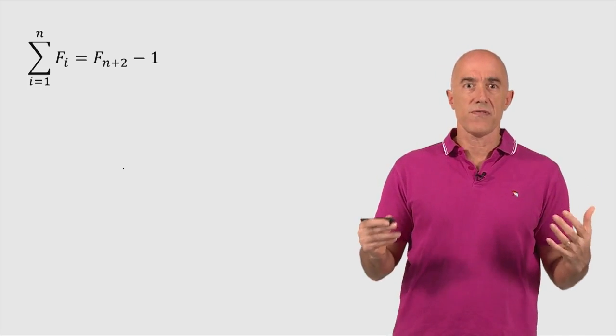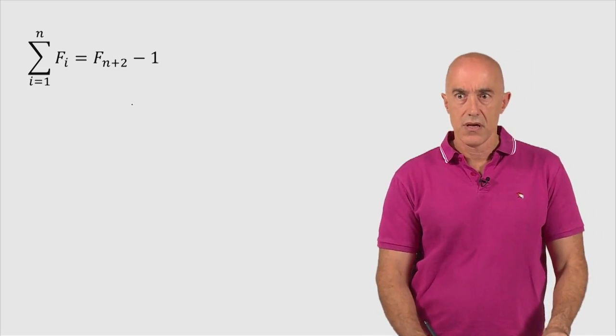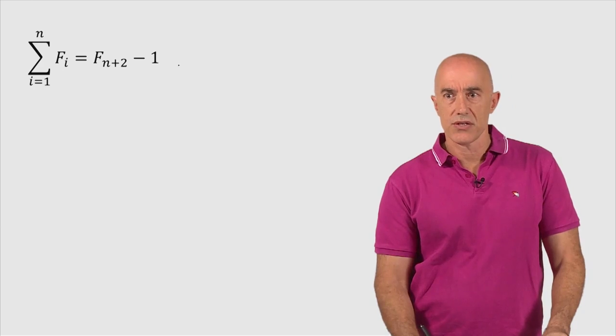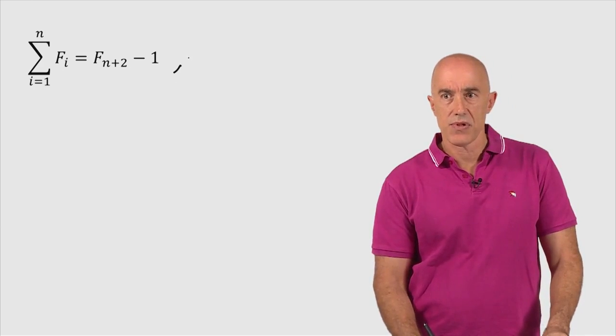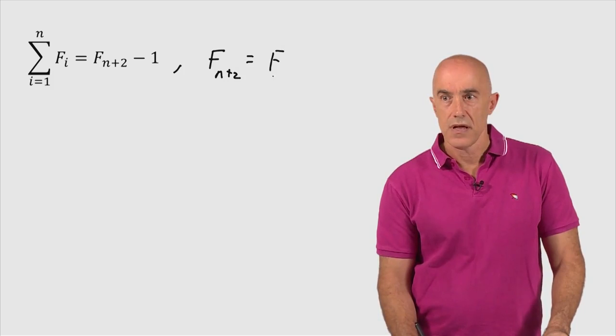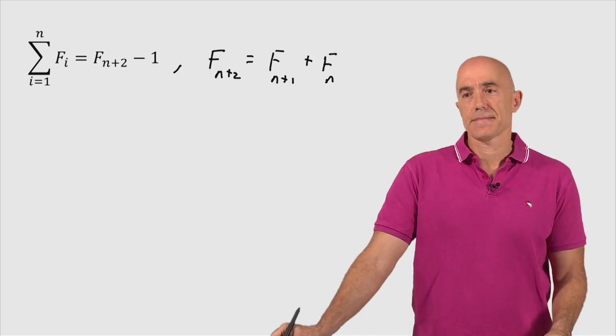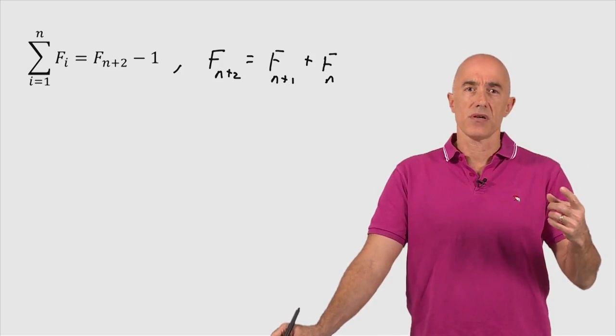The only thing we know about Fibonacci numbers in this context is the recursion relation. So we can write down a recursion relation. There's an f sub n plus 2 here, so let's write down the recursion relation for f sub n plus 2. So f sub n plus 2 equals f sub n plus 1 plus f sub n, right? So that's the Fibonacci recursion relation. But we can rearrange this formula.